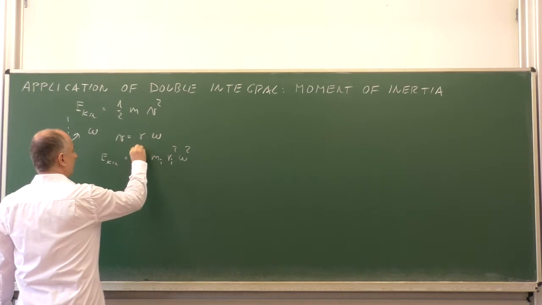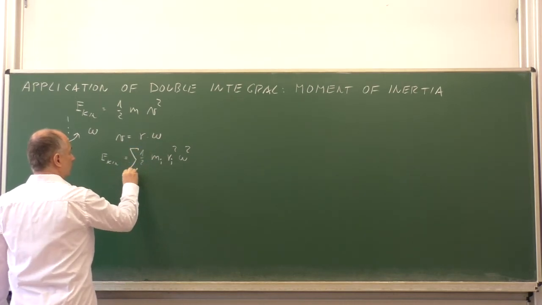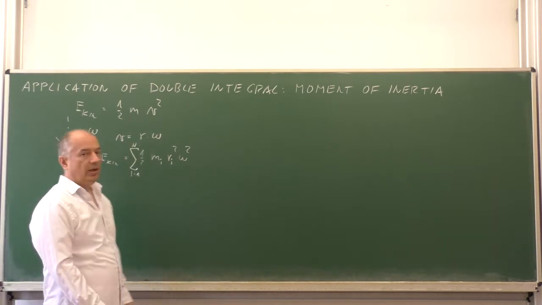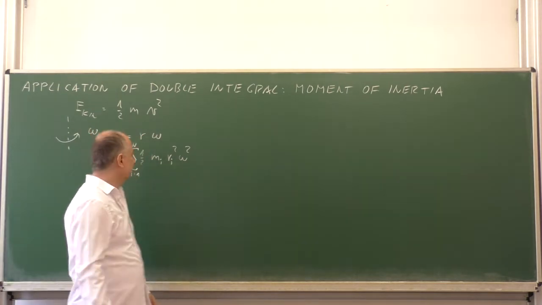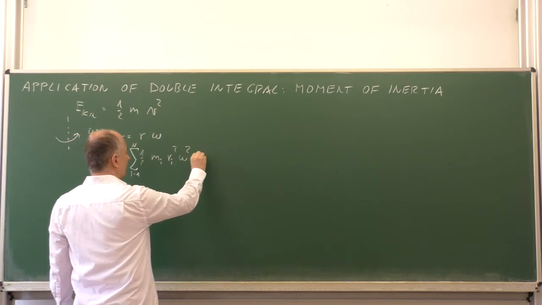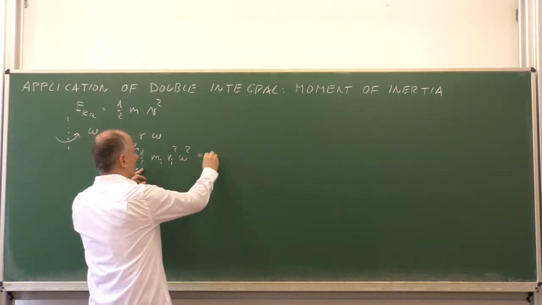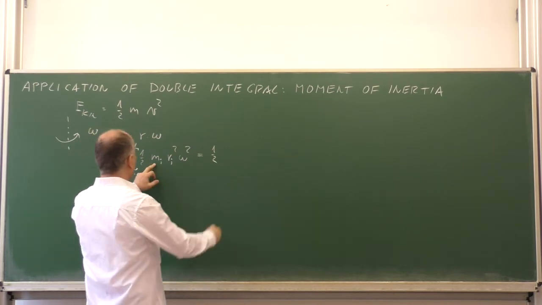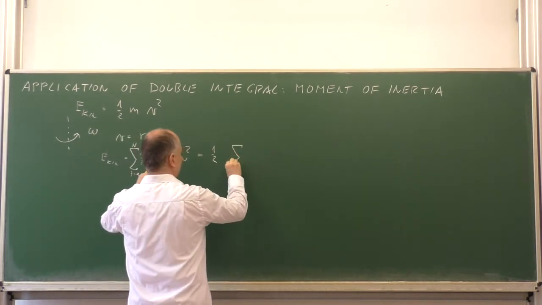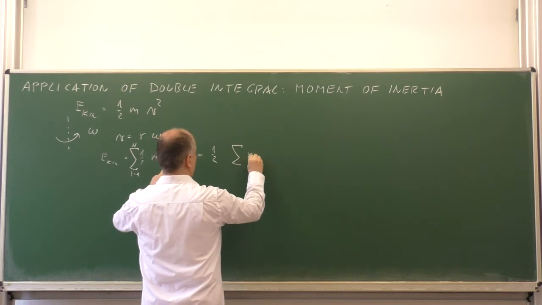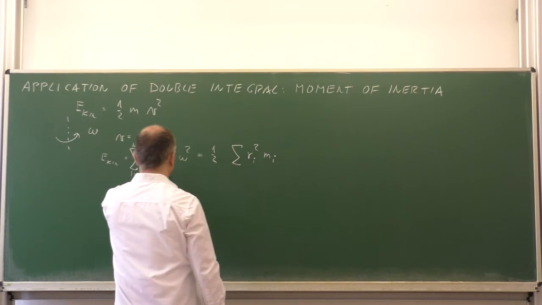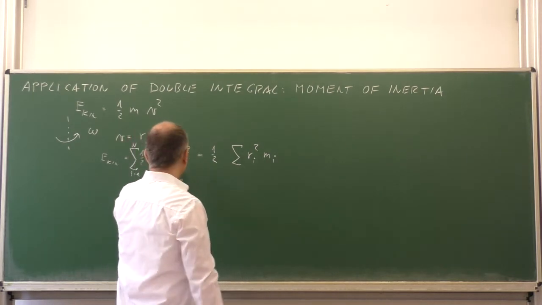And then we sum over i running from 1 to capital N, where N is the number of points. This can be written in the form 1/2 sum of r_i squared m_i times omega squared.